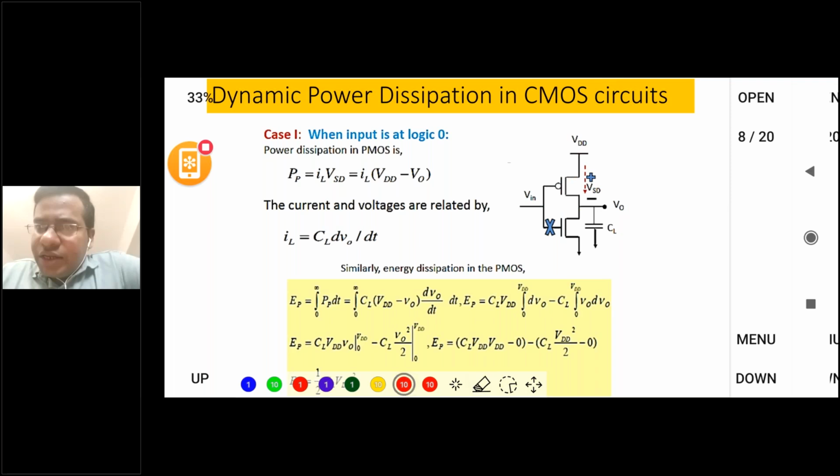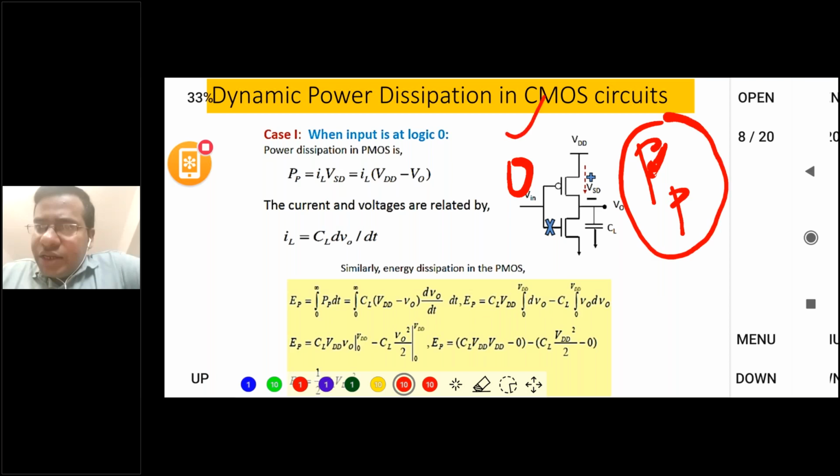If the input logic is 0, suppose the power dissipation is P. That is only a notation, nothing more. This is the dynamic power dissipation if the input logic is 0. Clear?